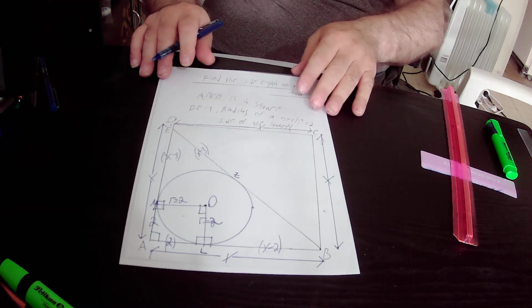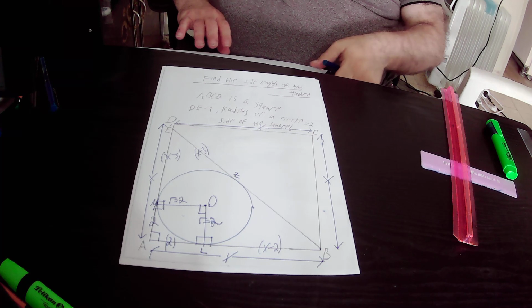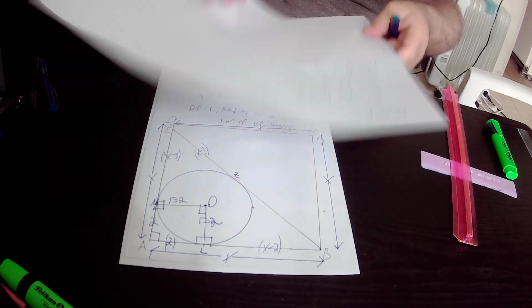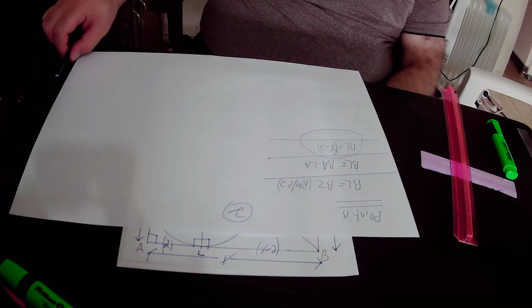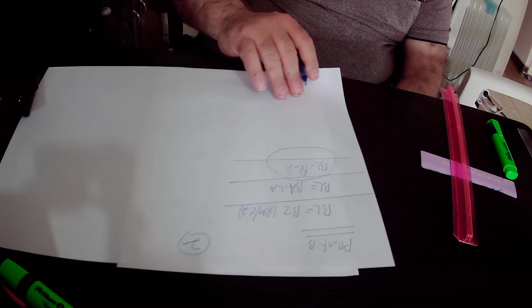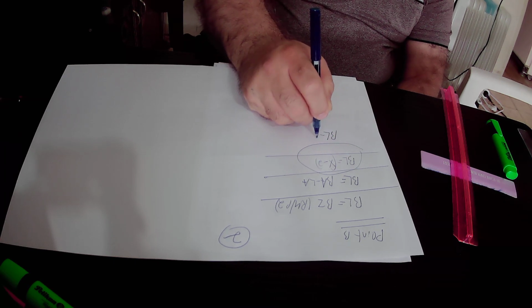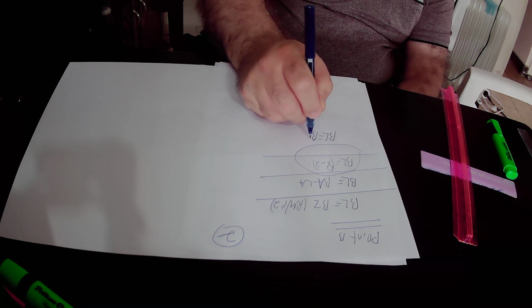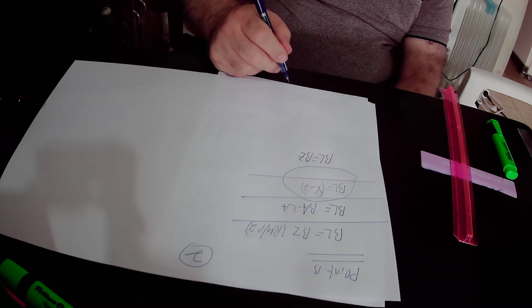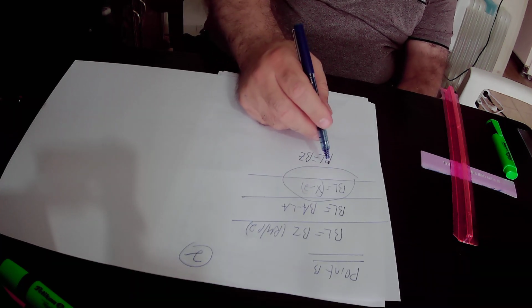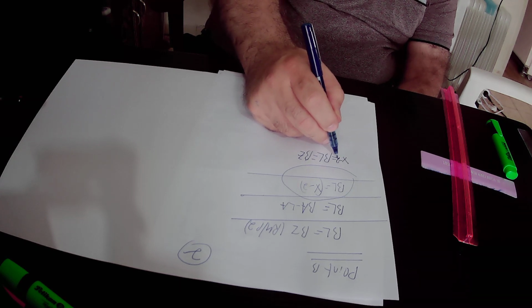But according to rule number 2, we have already found out that BL equals BZ, and we just found out that BL equals x minus 2 also. So BL equals x minus 2.